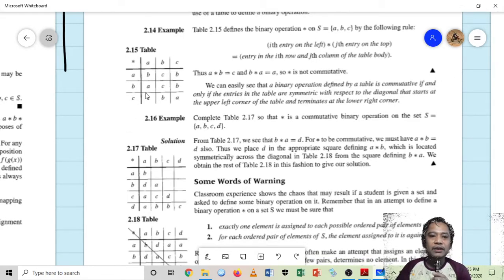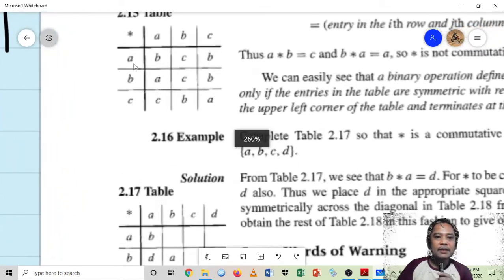Here we have operation tables of elements a, b, and c. So if we take elements a, b, and c and consider this table showing us the results, it means that a operation a is b, a operation b is c, and a operation c is b.